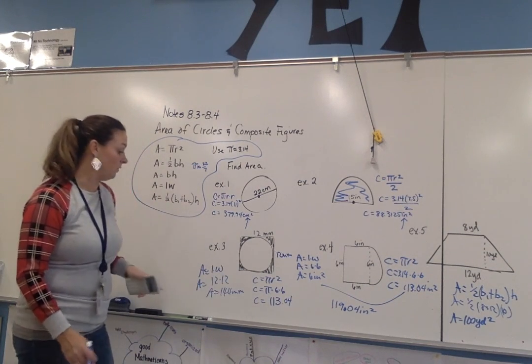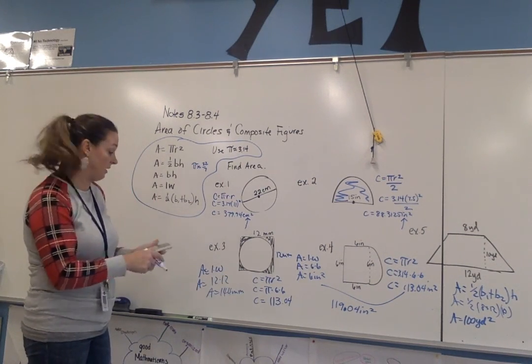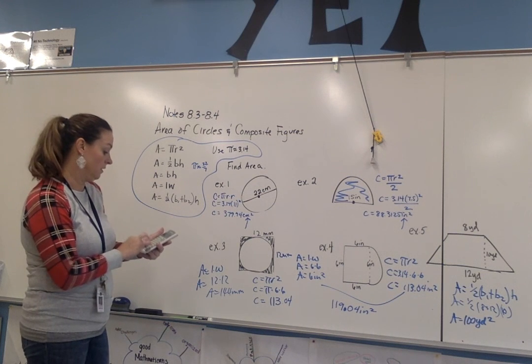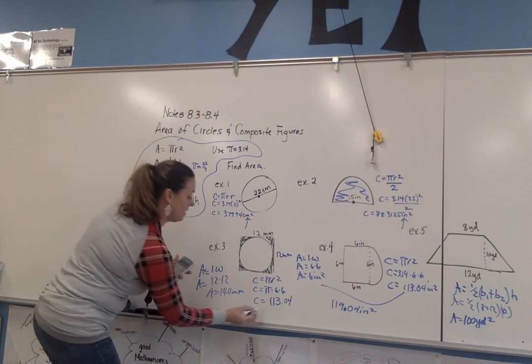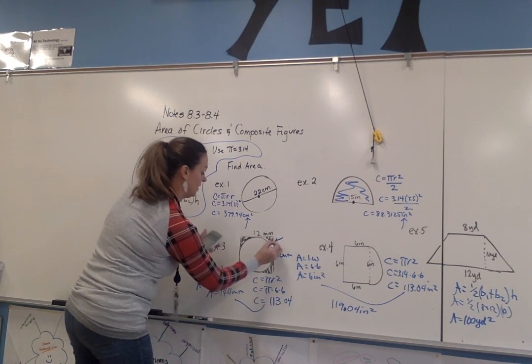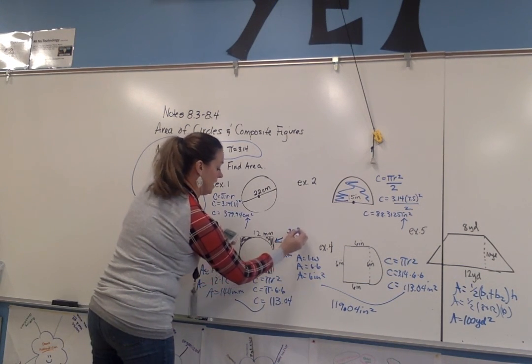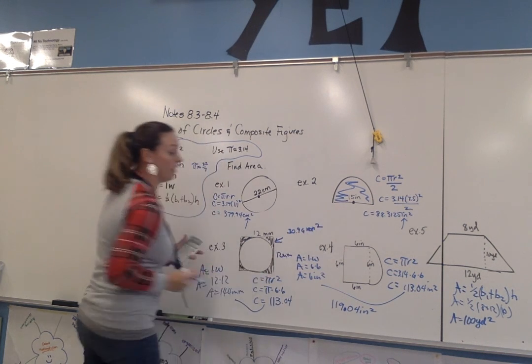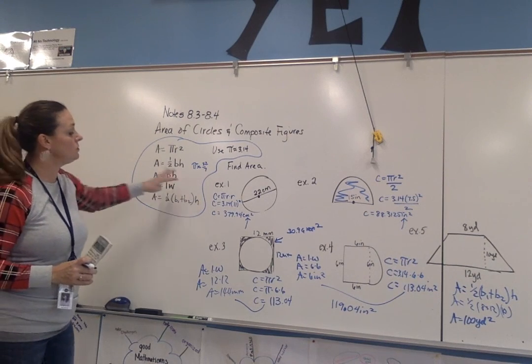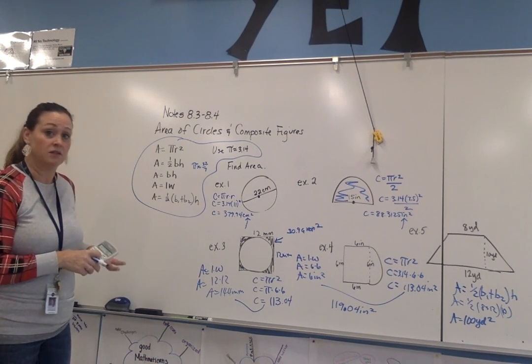The square is 144. If I want the shaded part, I simply subtract the two. Because I'm subtracting to just find the shaded part, I get 30.96 millimeters squared. You need to be able to use these formulas and apply them to different situations.